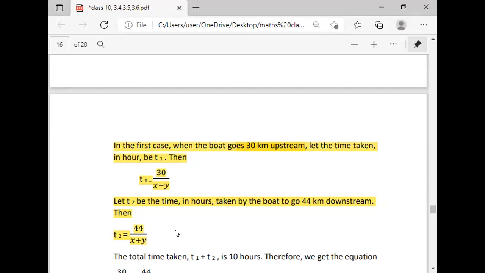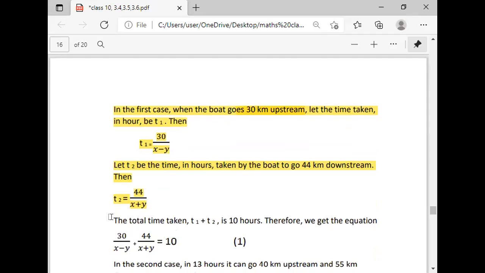Because it is downstream, sir. Yes, because it is downstream. I am repeating, and taking this much time, only because many students make the mistake of writing x minus y instead of x plus y, and the whole answer will be wrong. So give proper attention.